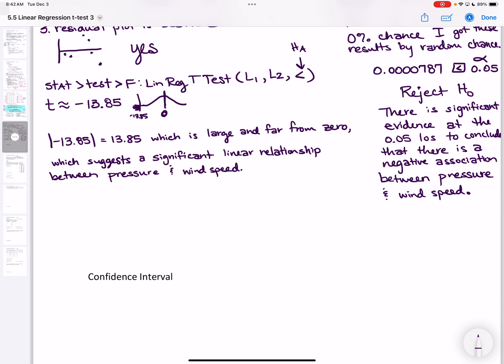So, which means as pressure increases, what's happening to your Y's? Wind speed decreases. That's what the negative association means.